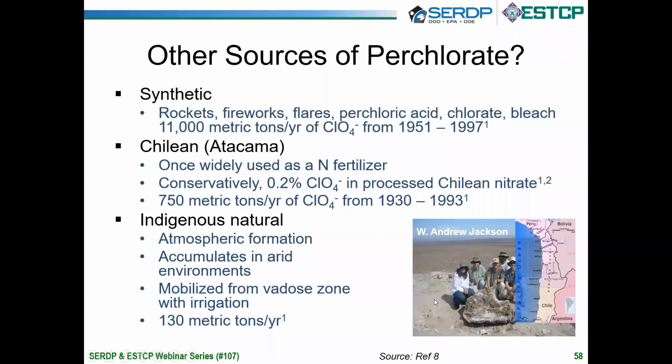This is a photo of Andrew Jackson and some researchers who are collecting this high nitrate caliche material from the Atacama. At one time, this was a major source of nitrate for both fertilizers and for explosives. There was a large war, the War of the Americas between Peru, Bolivia, and Chile, basically to gain access to this resource.